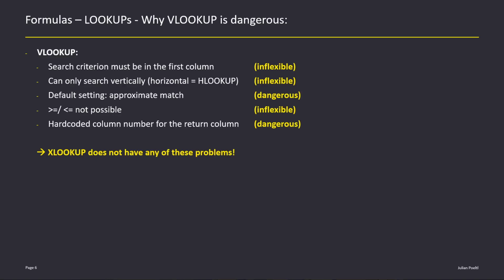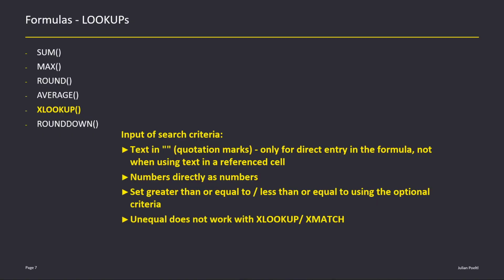You can also turn it to exact match, but if you don't know about this, it is dangerous. Then you can't search for larger equal or smaller equal, and you have a hard-coded column number for the return column, which is also a bit dangerous, and therefore use a better function than VLOOKUP, which is XLOOKUP.